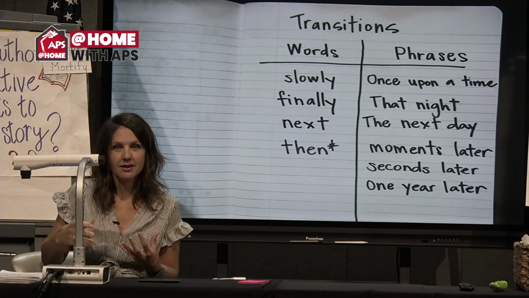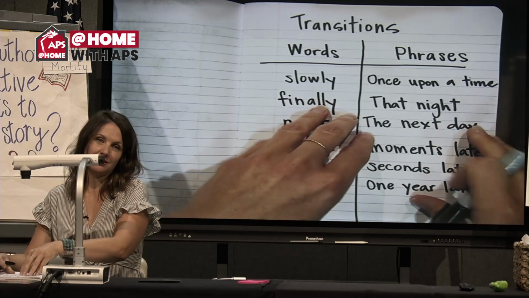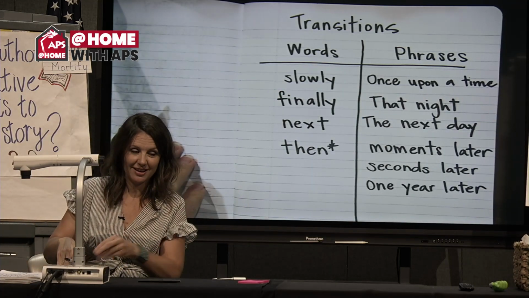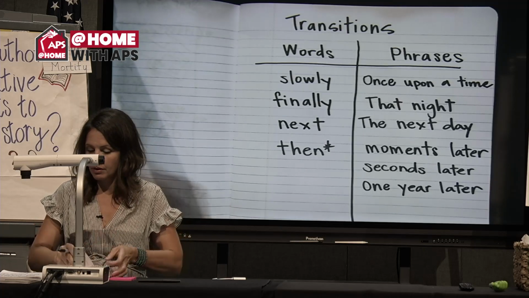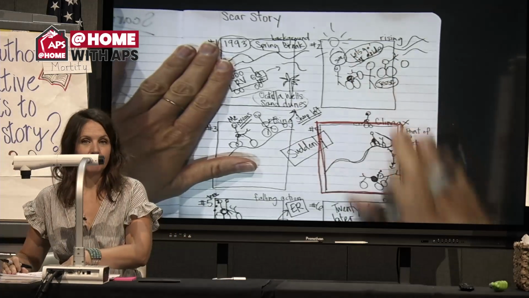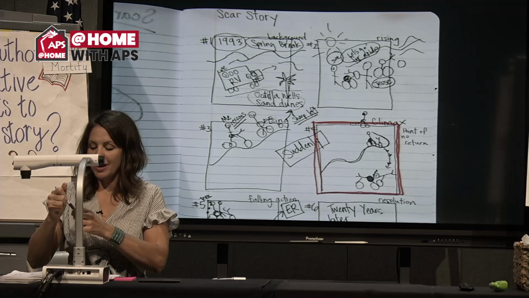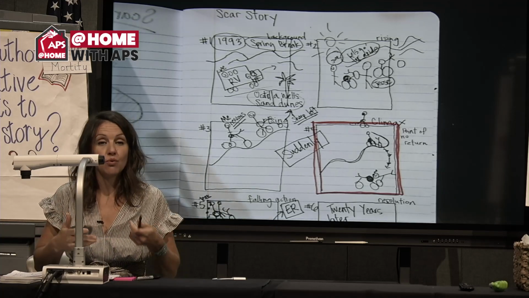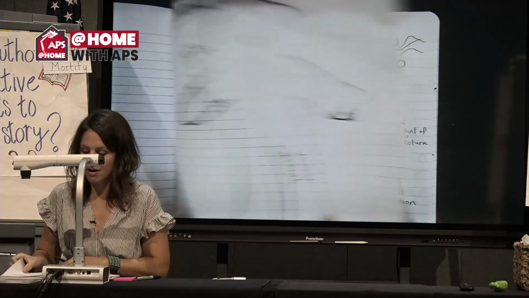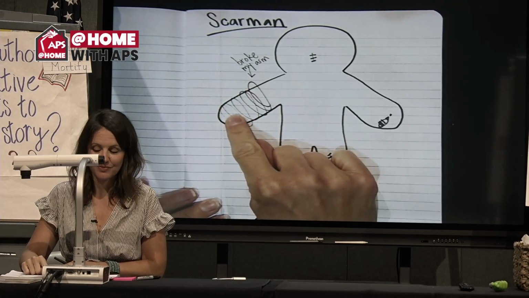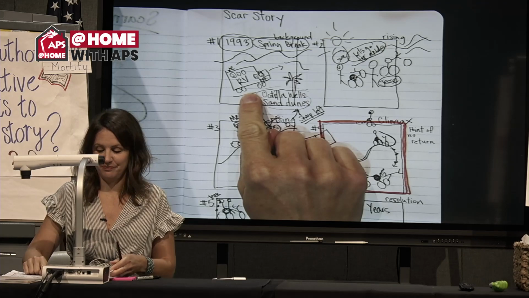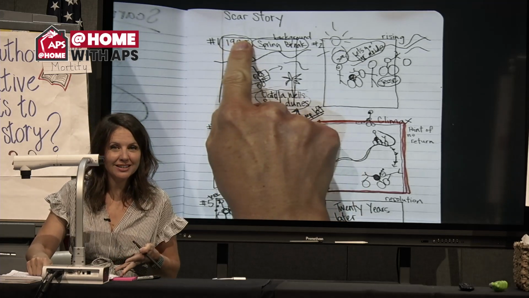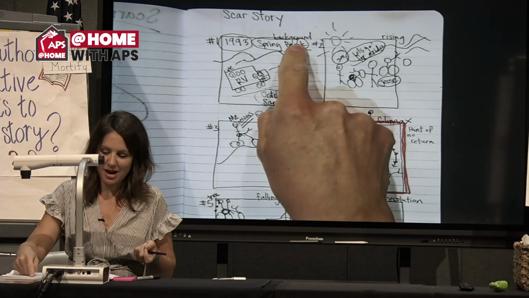My job today is to add transitions to my story. I will use a sticky note between. So in my story of when I broke my arm, I start by giving the background. It was 1993. I was on spring break.